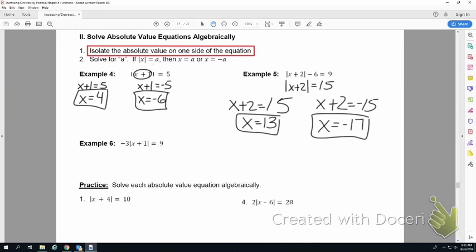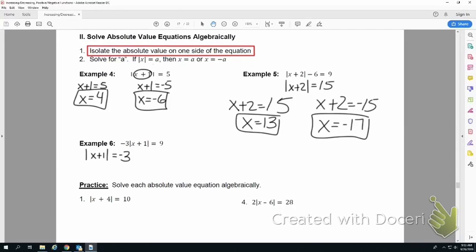No, not add 3. Divide by 3. So I'm going to divide by negative 3. And now what am I going to do? Somebody tell me before you actually do it. David?